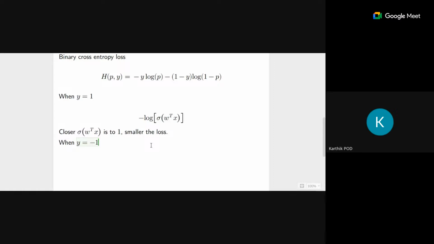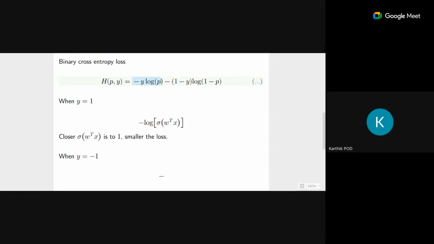So when y is the other class, what happens? This term vanishes. There's a small problem here: you have to use 0 and 1 as labels, which is what we'll be seeing. You have to transition from 1, 0 to 1, minus 1, but for now it's 1, 0 here.